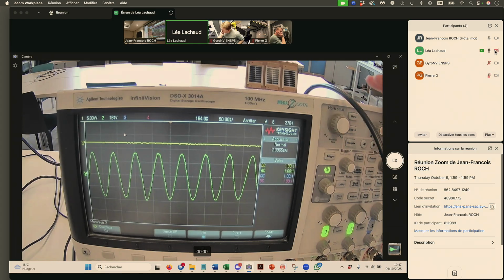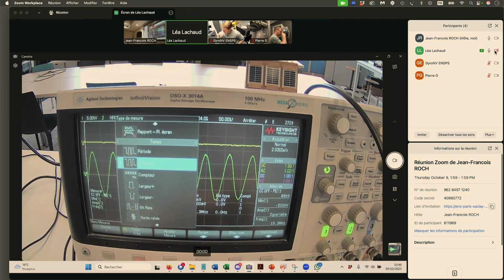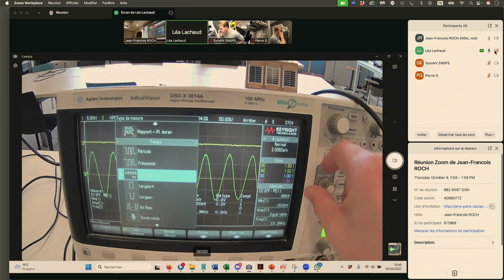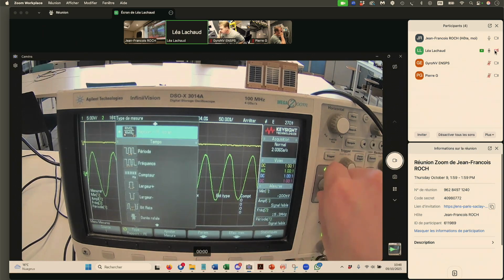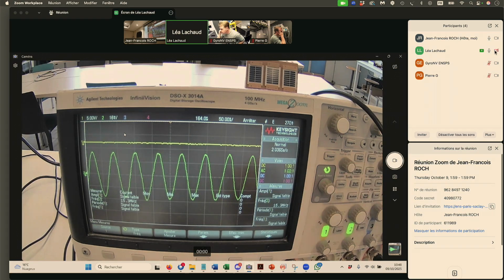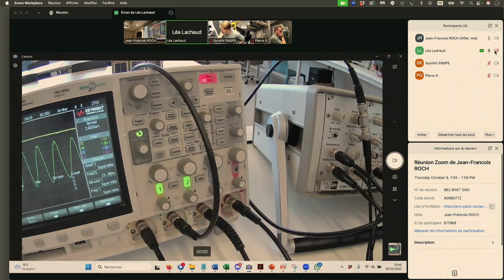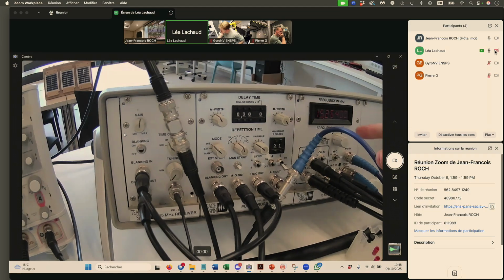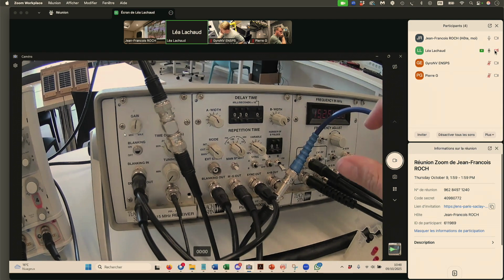If I try to measure this frequency, so the free relaxation frequency, I can add, yes, it's already on frequency measurements. Okay, here you can see that the oscillation frequency which is measured is around 15 megahertz. And it's precisely the frequency on which we tuned our excitation, okay?